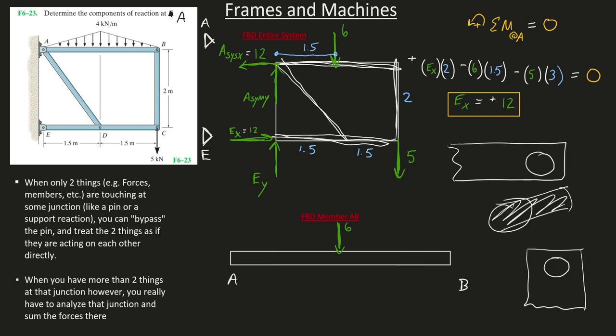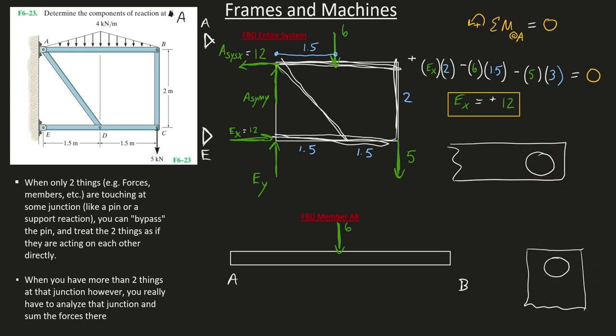I don't have anything else going on. And if you're wondering, yeah, this triangular force is only acting on this member. It's not acting on the pin, like we looked at before. So the force from this guy will be transmitted perfectly to this guy, and therefore we can just pretend that this guy is touching this guy directly.